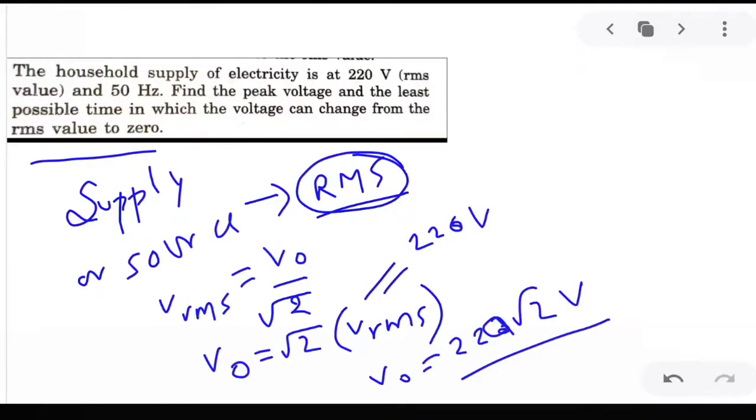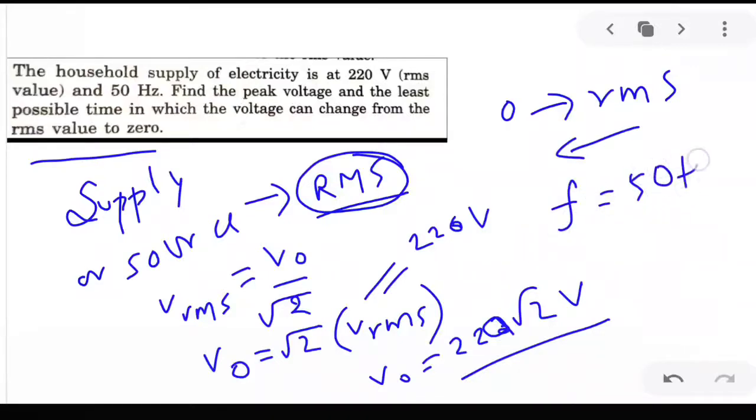Now this is the peak voltage. Next part is the least possible time in which voltage can change from RMS value to 0. So again, this is similar to the previous question. The time taken for current to grow from 0 to RMS value is the same as the time taken for voltage to change from RMS to 0, because in both cases the frequency is 50 Hertz.